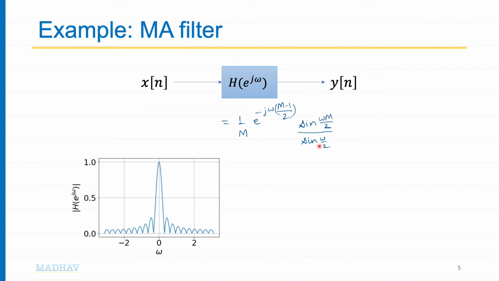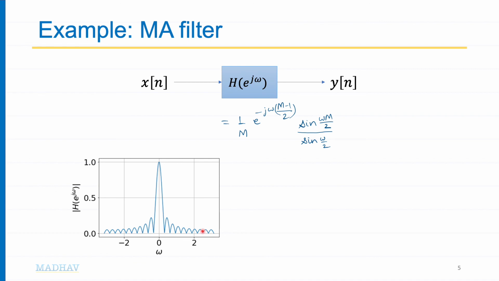The omega cancels, M and M cancel, so it's 1. That's what I see here on the x-axis: at omega equal to 0, the gain is almost 1. And as omega increases, my gain is dropping. And then there are some side lobes here.